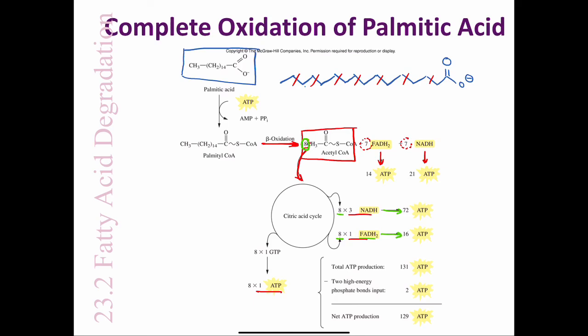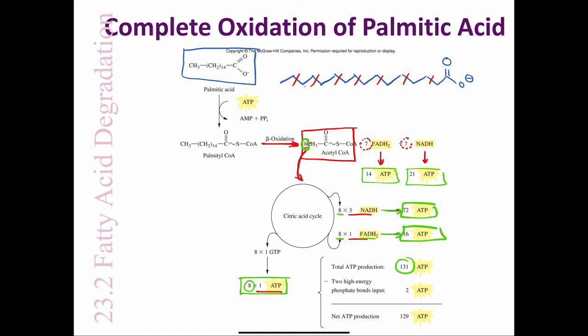And then finally, the GTP is worth 1 ATP, and we have 8 turns. Therefore, we form 8 ATP molecules. Therefore, when you tally up the 14 ATPs, the 21 ATPs, 72, 16, and then the 8 ATPs over here, when we tally all that up, we get 131 ATPs.